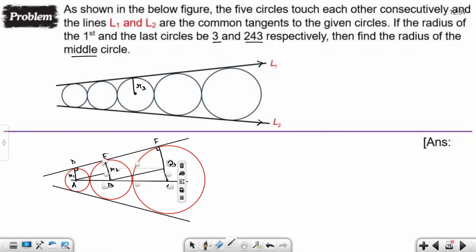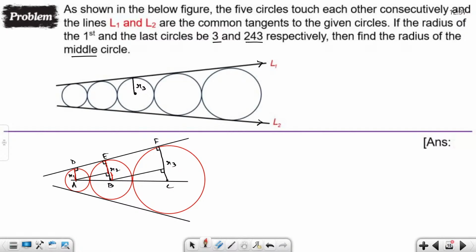Is it clear? Now, observe carefully. This is 90 degree. So, this length is R1, so this is also R1. Can you remember we have done this thing when we found the length of the direct common tangent and transverse common tangent?